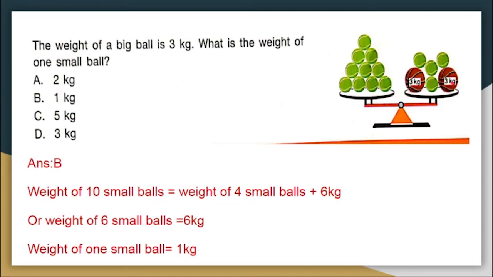So if the weight of 6 balls is 6 kg, what is the weight of one ball? 1 kg. What is the weight of one small ball? 1 kg. So, this is something which you can do in your mind just by looking at the question. You don't have to write anything on pen and paper. Just by looking at the figure, you can do this in your mind. The answer here will be option B, 1 kg.